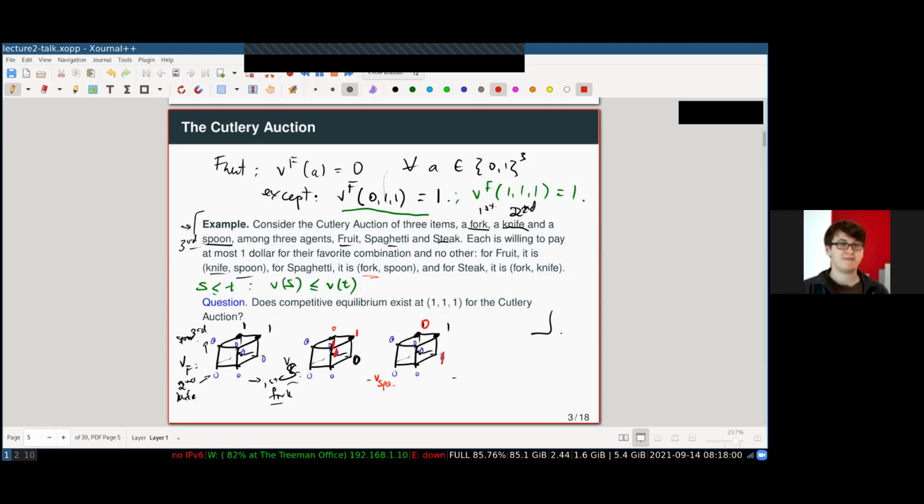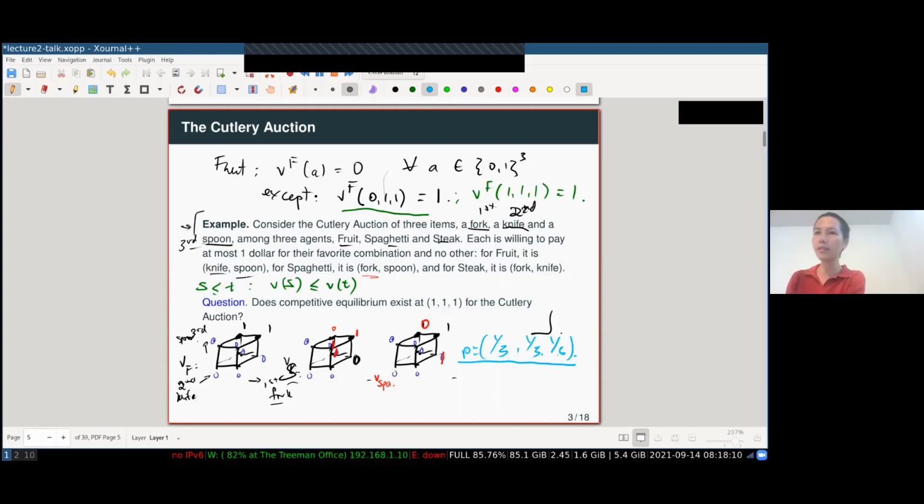So if we set the price of each item to 1/3 and assign all of them to the same agent, are all the agents happy? Right, let's try. So if I put a price of 1/3, let's say I give it all to fruit. Okay. Now let's check.